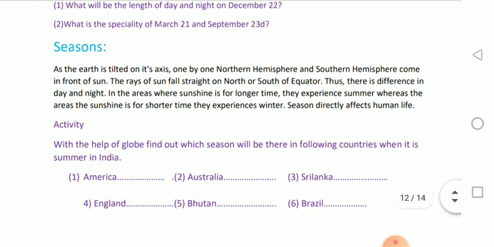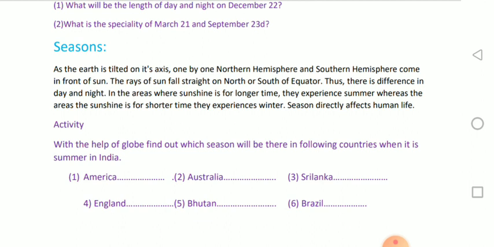Now let's see the seasons. As the earth is tilted on its axis, one by one northern hemisphere and southern hemisphere come in front of the sun. The rays of the sun fall straight on north and south of the equator. Thus, there is difference in day and night.